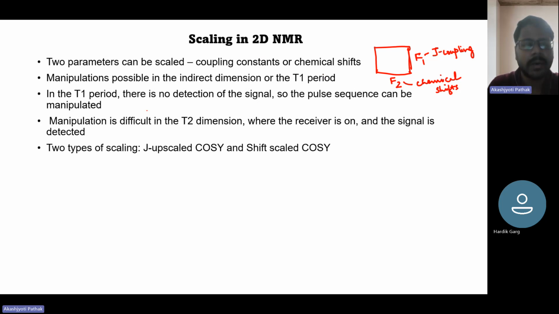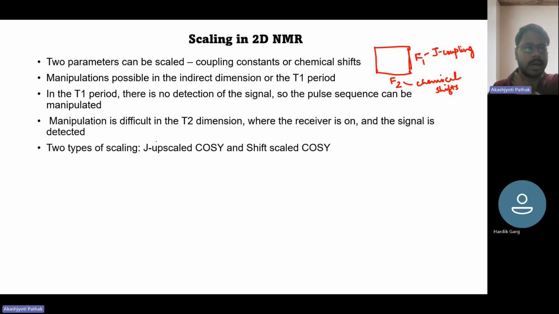Since there is no detection of the signal, the pulse sequence can be manipulated, and by manipulating the pulse sequences we can cause scaling of the peaks in the 2D NMR spectra.